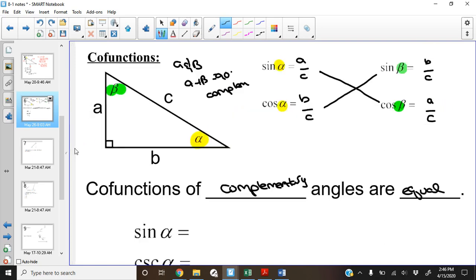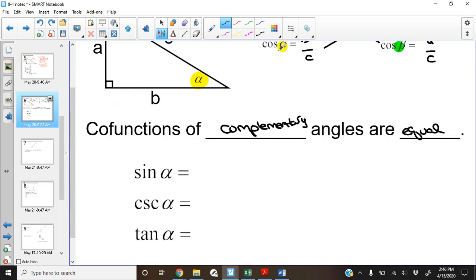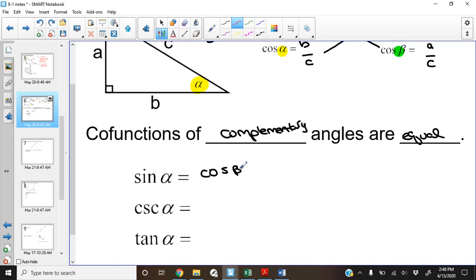So what we just learned up here was that sine of alpha equaled cosine of beta. Beta was the complement of alpha, and we got that by subtracting alpha from 90 degrees. So you could also see this written as cosine of 90 minus A or alpha. And then, well, if you find the reciprocal of sine, that's cosecant, right?